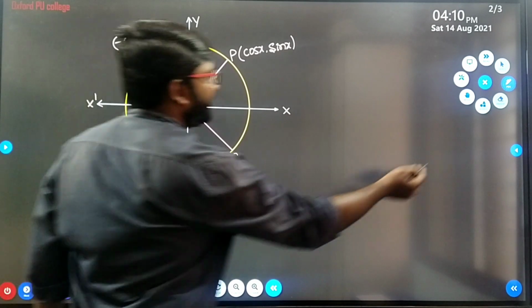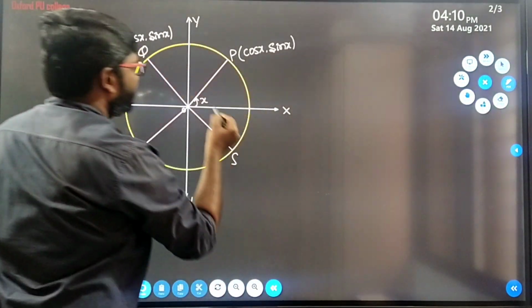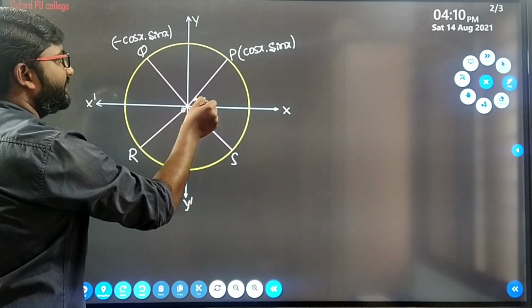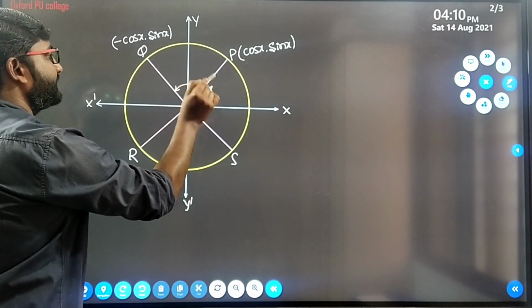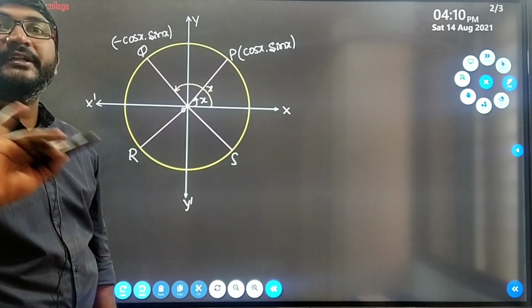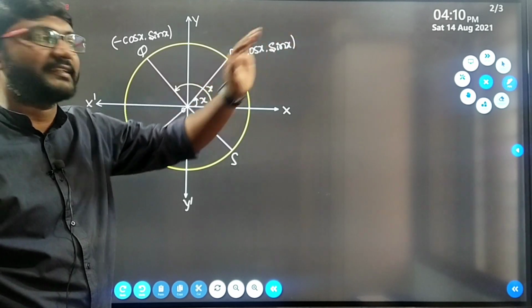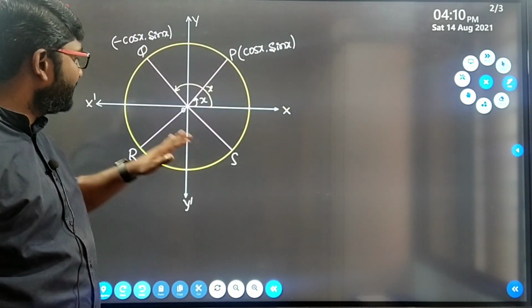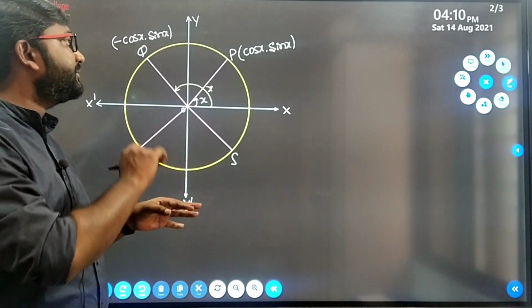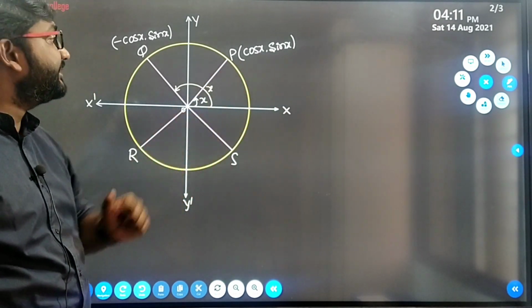So what is the angle it is making? For the point Q, this will be the angle x. Actually we have to take 4 different cases. Point P needs a separate unit circle, and again for point Q we would take a separate unit circle, so we should get 4 cases. I am doing all these cases in a single unit circle.